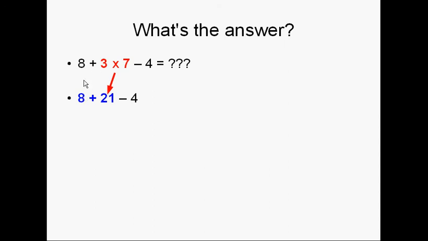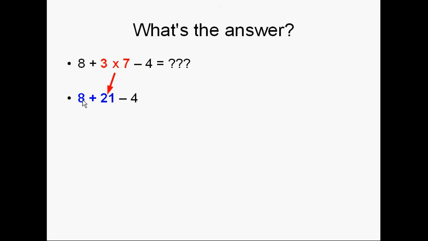Now notice I'm writing everything down in the rest of the problem. I'm not trying to keep track of this in my head. I'm showing all the steps. So I bring down the 8 and the plus sign because I haven't worked with it yet. 3 times the 7 was 21. Bring down the minus 4. Okay, there's no division. Now I do my addition and subtraction.